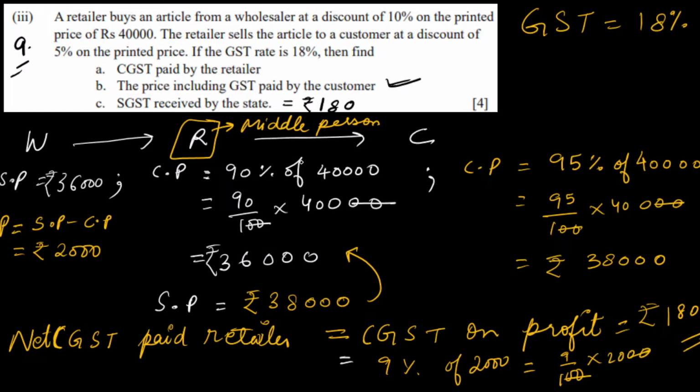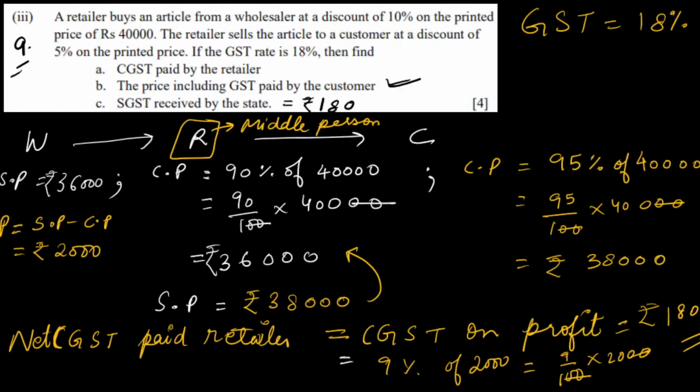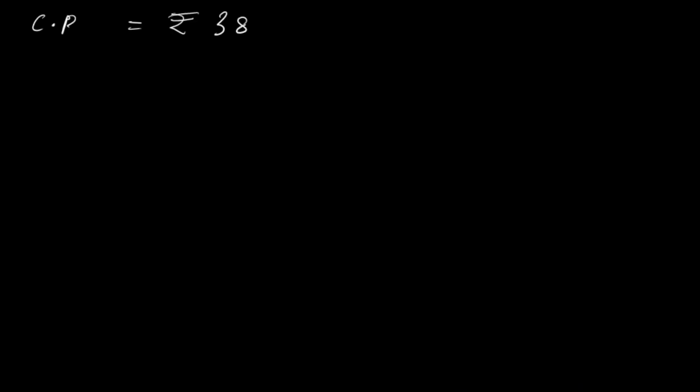Now the second part: the price including GST paid by the customer. The customer's cost price is 38,000, and the customer will have to pay GST on this amount.